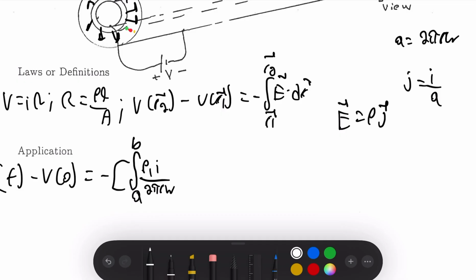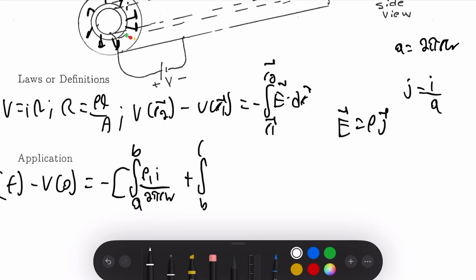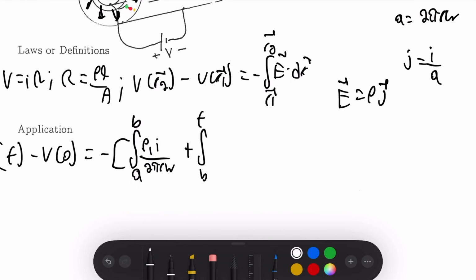And then I'll add my second integral, right? Which is now going from B to F. And for that region, I have rho 2 now times current over the area, which is the same 2 pi RW. There should be a dr there.